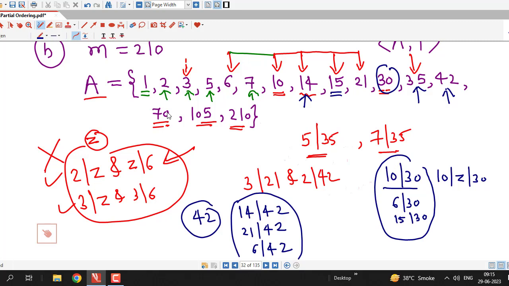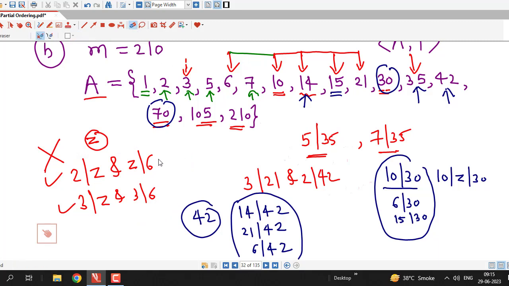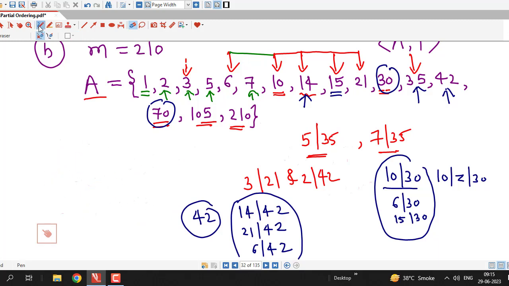And what about 70? So 70 is also a cover of 10. We can see that 70 is a cover of 10 because 10 divides 70 and there is no integer in between. Similarly 35 divides 70 and what about other integers? 35, and we know that 14 also divides 70.